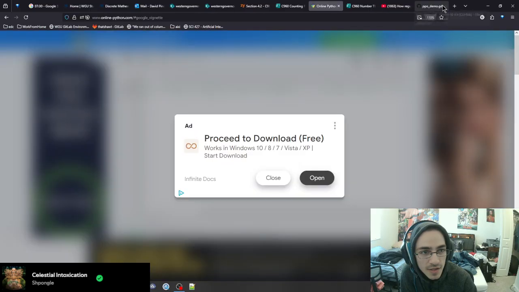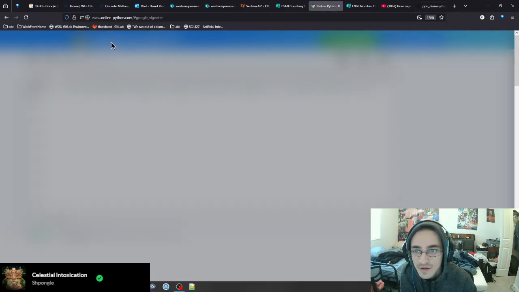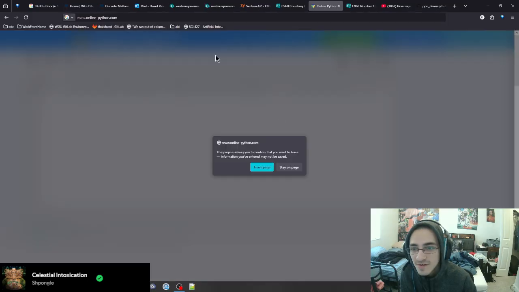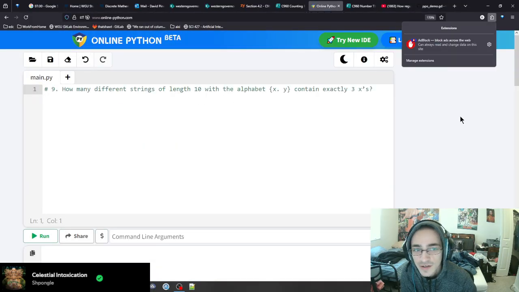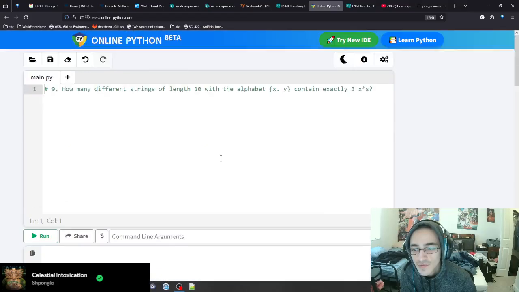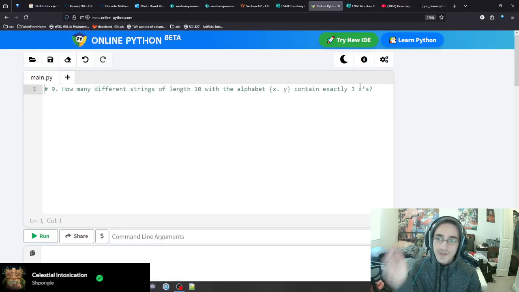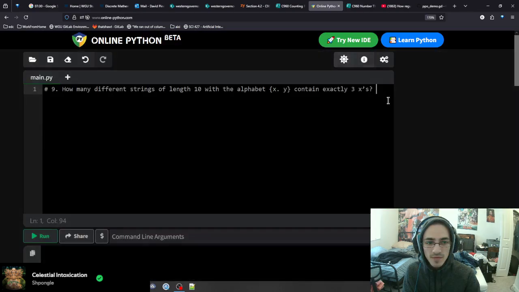I don't know why I disabled it. Yes, ad block. Look at that. So much more space. Online-python.com. Alright, I would like no ads, but I don't really care.